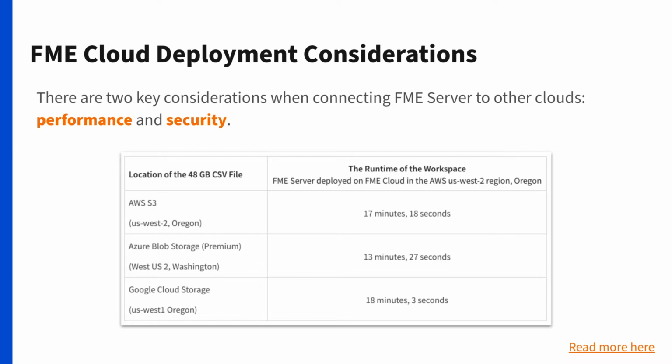There's two key considerations you need to think about when connecting FME Server in FME Cloud out to Google or Azure or even AWS, to be honest. One is performance and one is security. So on the security side of things, everything's encrypted.